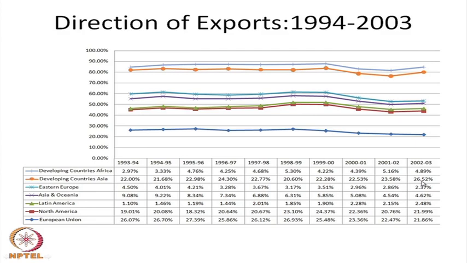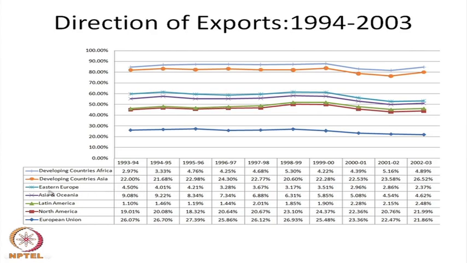Our goods and services are now being exported more to developing countries like Nepal, Bangladesh, Sri Lanka, Pakistan, some parts of Malaysia and Indonesia, and they are a major part of our export sector.